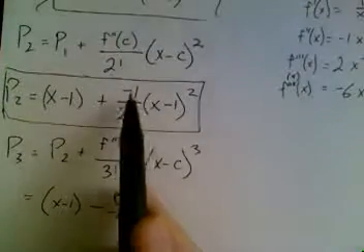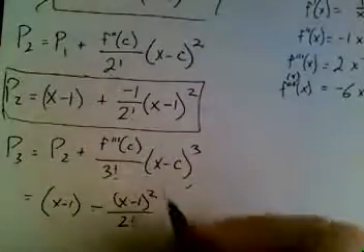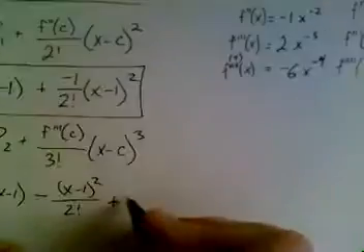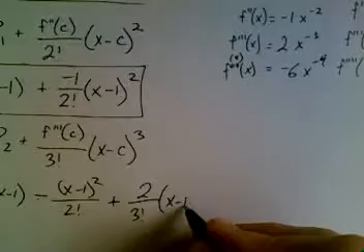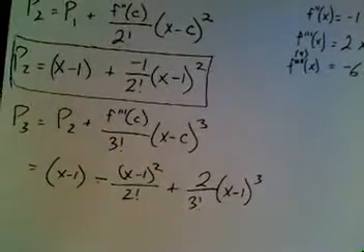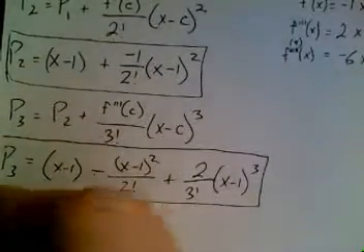Again, I move this negative to here. Plus the third derivative at c is a 2, so I'm going to write that in: 2 divided by 3 factorial times x minus 1 to the power of 3. Well, there's my third degree Taylor polynomial.